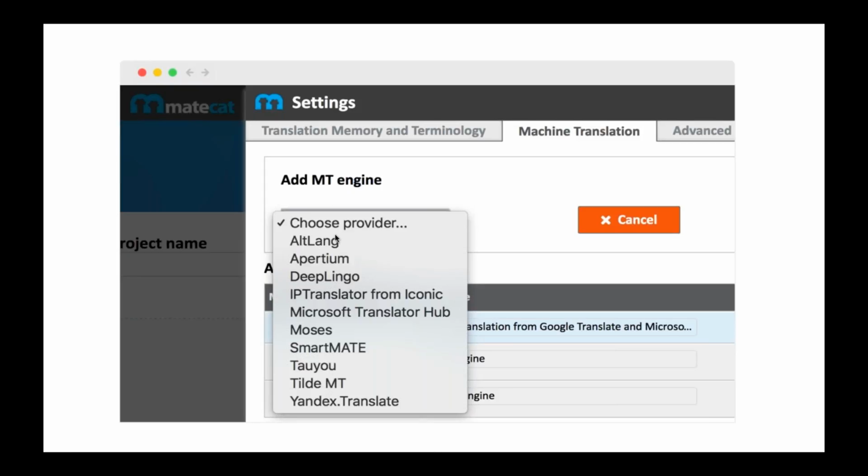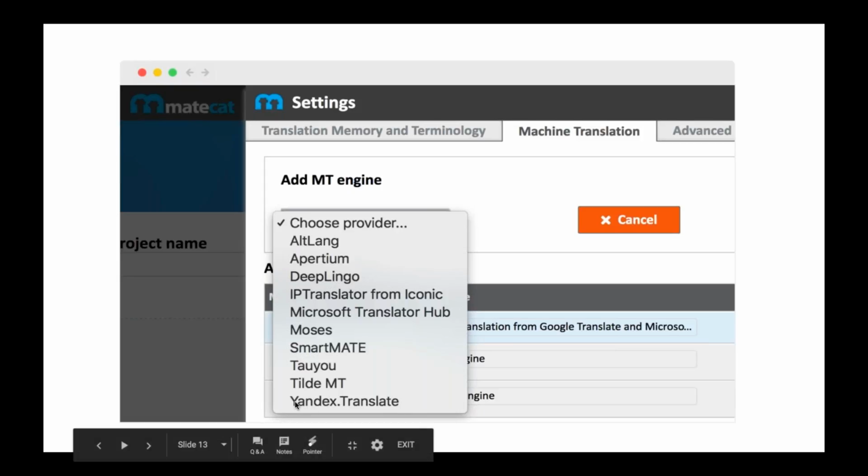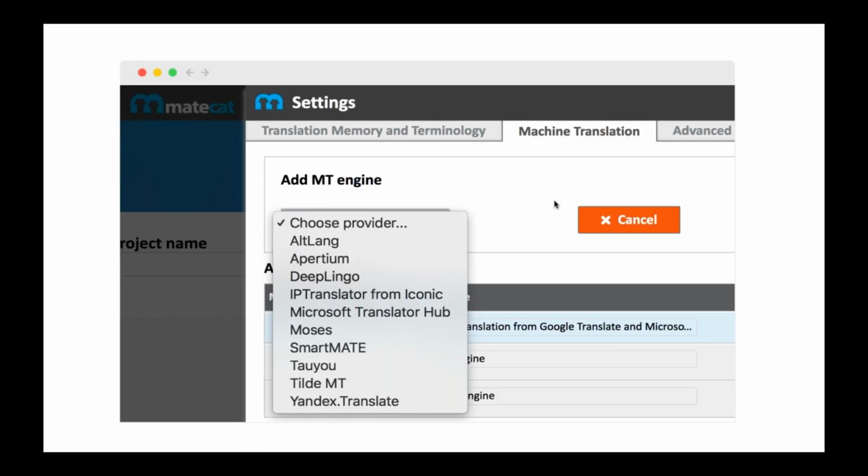So you may be a Persian user, or you may be a Slavic language translator, and you have an account on Yandex. You can use your account to integrate your machine translation engine in Matecat directly. So you would use Matecat as any other CAT tool, and you would receive suggestions from your favorite machine translation engine.